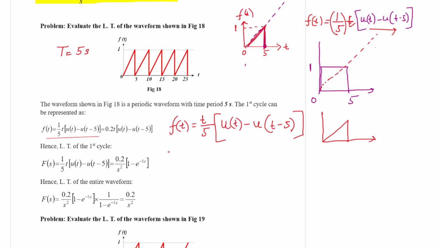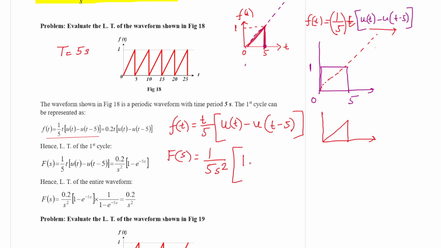So if you apply the Laplace transform to the first cycle, what is the Laplace transform of t? It is 1 by s square. So the first term will be 1 by s square. Now what is the Laplace transform of u(t)?